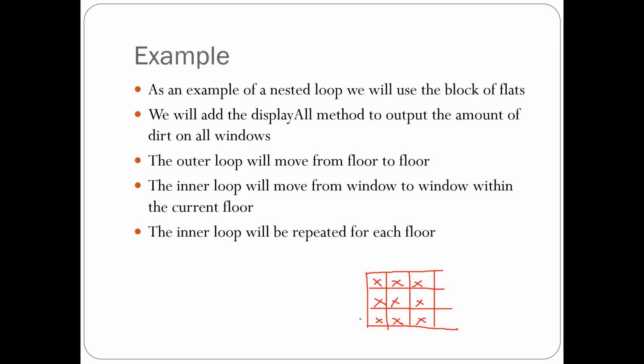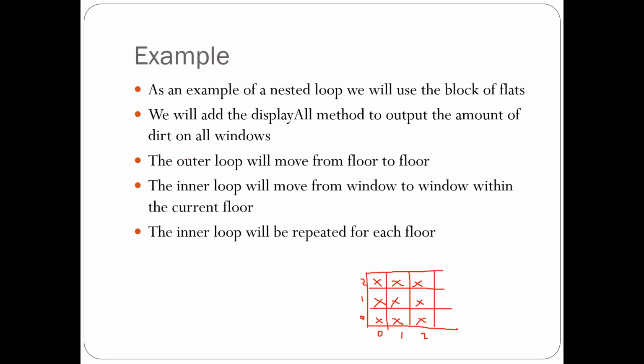So if you think about that, we've got 0, 1, 2, and 0, 1, 2. And what we need to be able to do is hit each of those in succession. So 0,0, 0,1, 0,2, 1,0, 1,1, 1,2, 2,0, 2,1, 2,2.